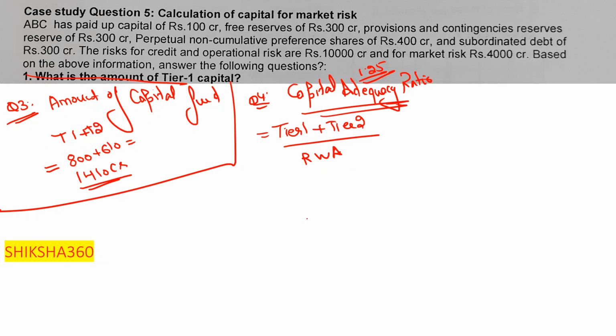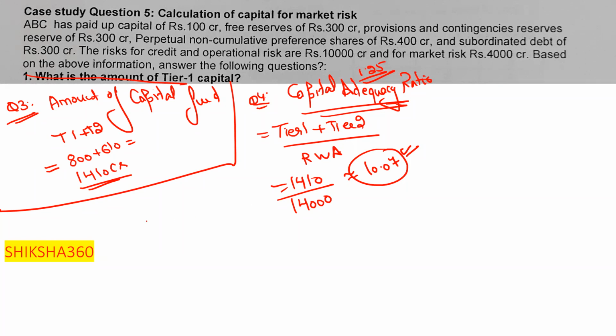Tier 1 plus tier 2 is 1,410, upon risk weighted assets, which comes out to 14,000. So it is a little bit above 10%. Approximately it comes out to 10.07.